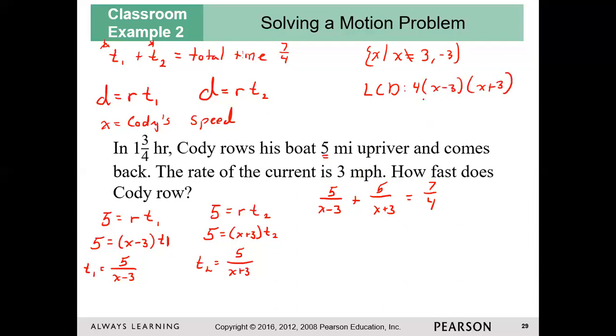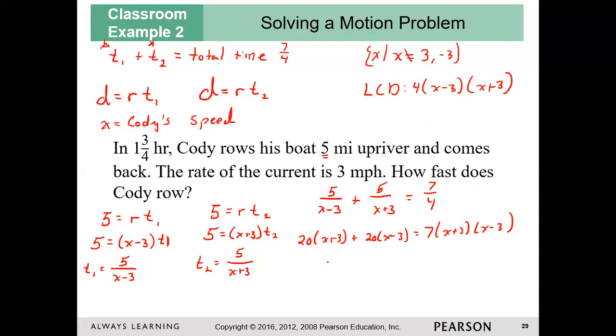So when you multiply this LCD into everything that you have here, you are going to get 20 times x plus 3, because remember 4 times 5 is 20, and the x minus 3's will cancel. Over here, 4 times 5 is 20 again, and the x plus 3's will cancel, which leaves you with the x minus 3, is equal to, this time the 4 cancels, and you are left with 7 times x plus 3 times x minus 3. All right, because again, only the 4's cancel here.